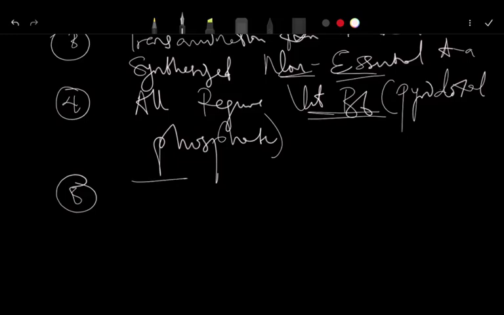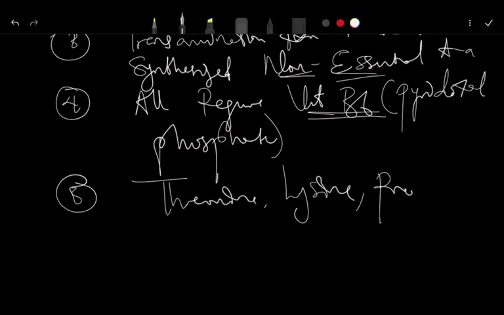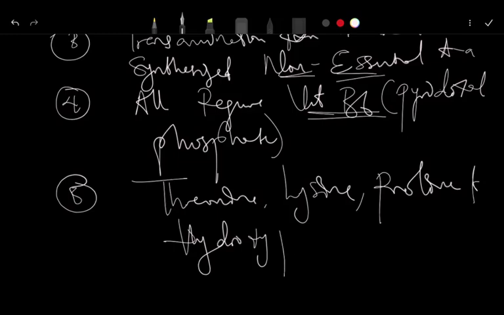A good example is threonine, lysine, proline, and hydroxyproline. These amino acids don't undergo transamination reaction. So these are the few salient features of transamination.